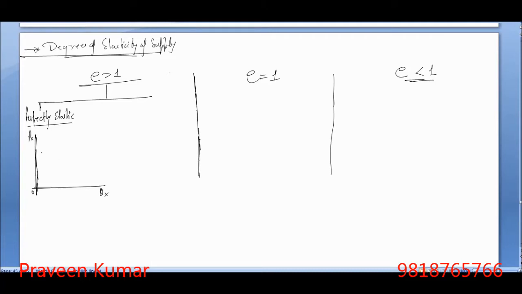That means at the given price, the producer is ready to supply any amount of the commodity. Hence elasticity is infinity over here. The reason being that a slight percentage change in price causes infinite percentage change in quantity supplied.